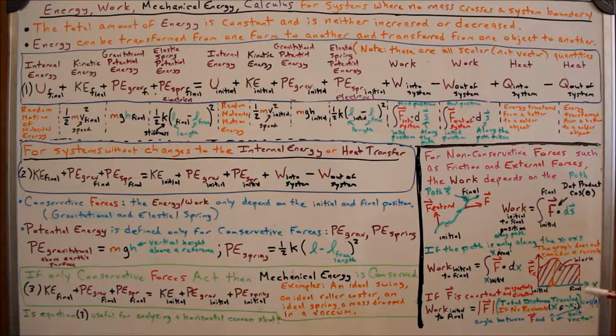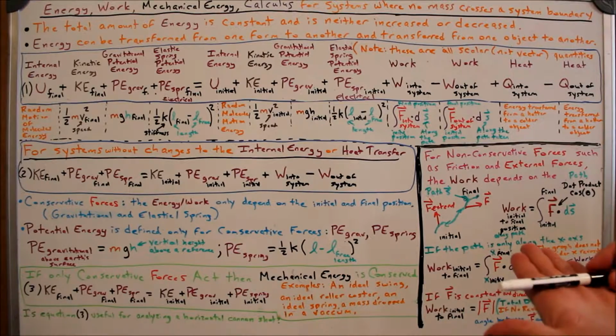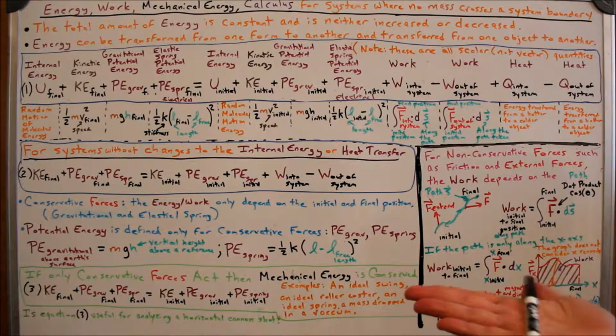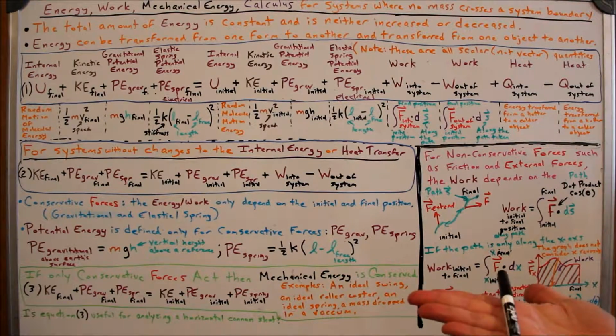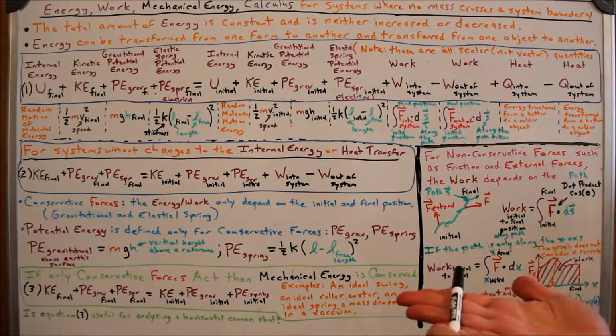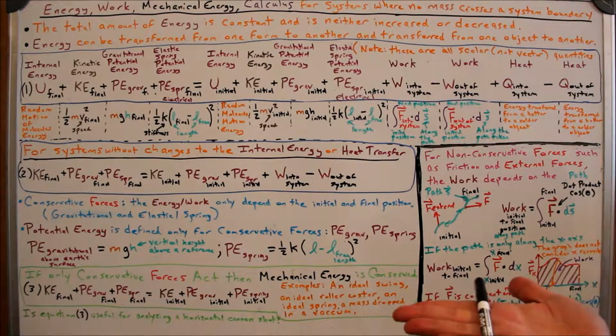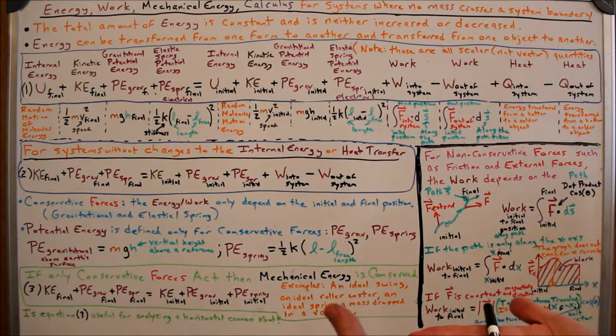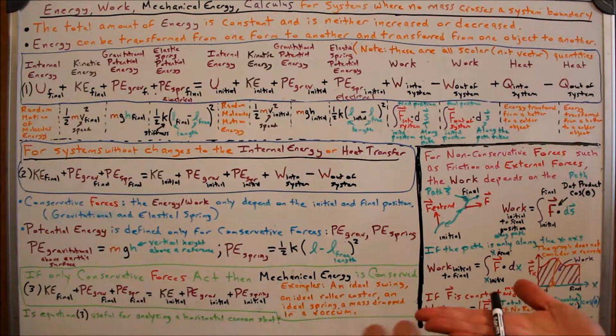Now, once again, let's say my system is the marker, and it's rubbing against my hand, so there's some external force of my hand on the marker. I'm going just in the x direction, so the path is moving to the right.